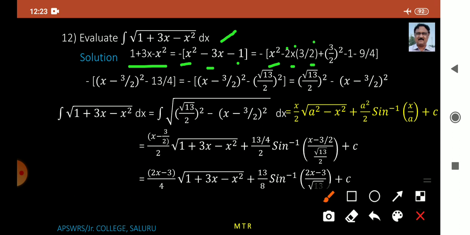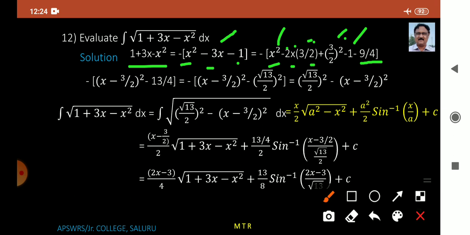If you simplify, 2 cancels, and minus 3x is as it is. So this is x square, meaning a square plus 2ab. Here b is 3 by 2, so write that b square, that is 3 by 2 whole square. But here there is no 3 by 2 whole square, so we put minus 3 by 2 whole square, minus 9 by 4 here. You write this minus 1 as it is.